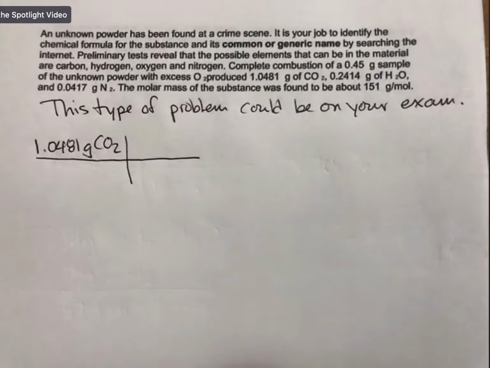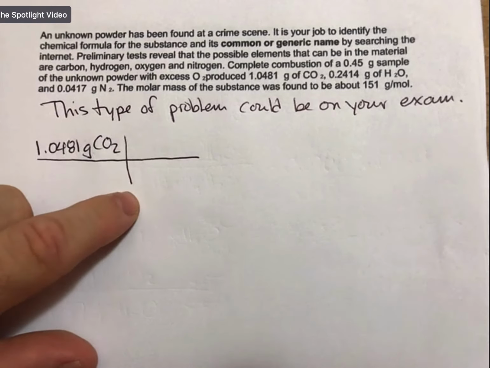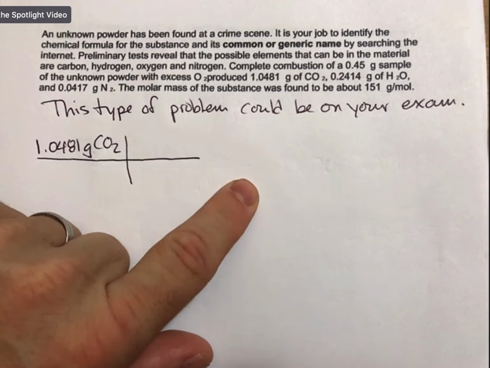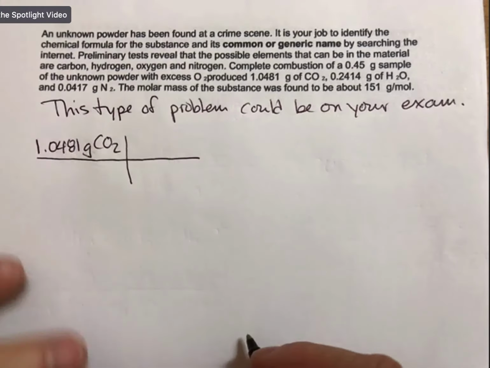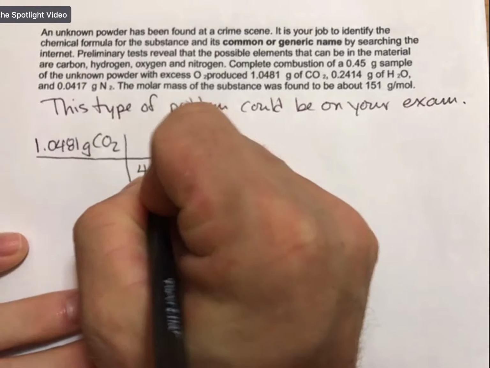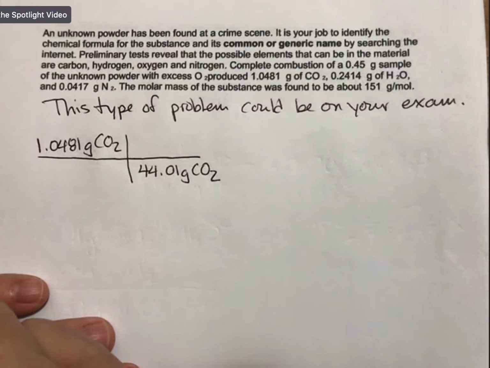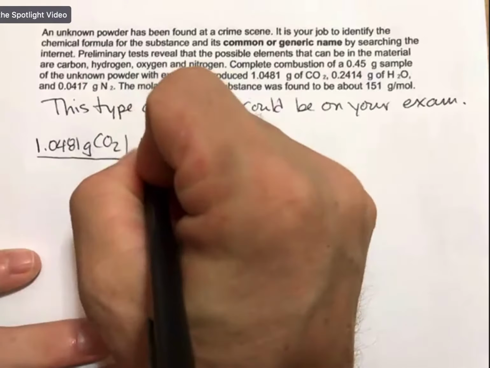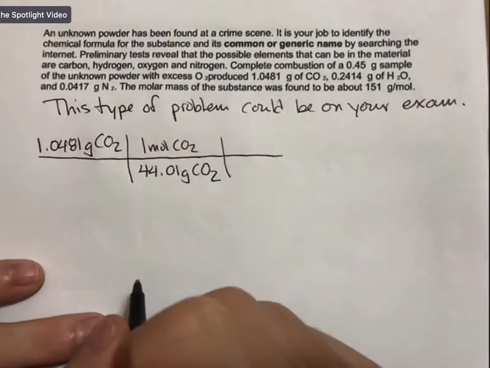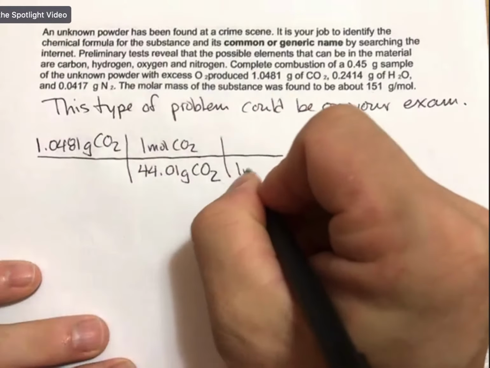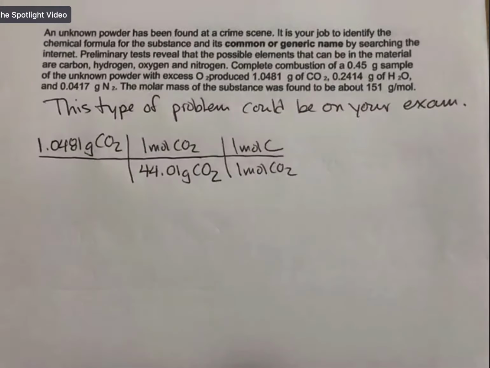In this particular type of problem, we have grams of CO2. We're going to turn those into moles of CO2 and then moles of carbon, because carbon is what we need in our formula. We said earlier that the molar mass of carbon dioxide was 44.01 grams per 1 mole. And in 1 mole of carbon dioxide, there is 1 mole of carbon.